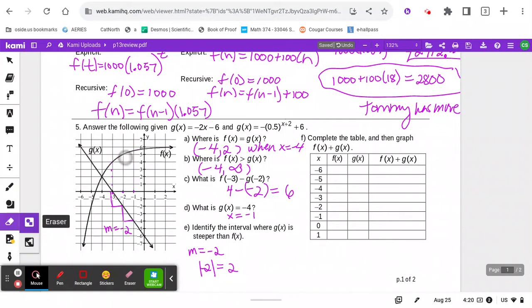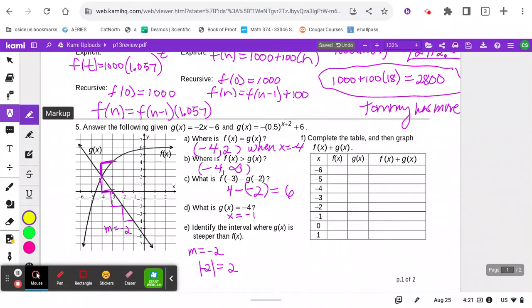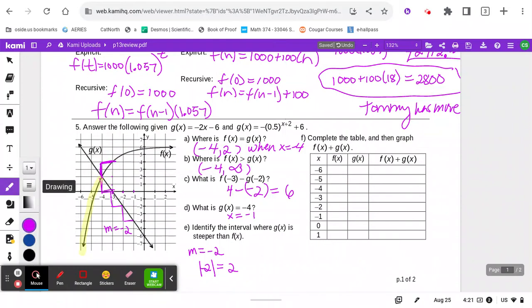That definitely is not steeper or faster than 2. So I'm going to go look over here. This one has a slope of exactly 2. So on this interval, they both have the same rate. And so it's everywhere before that. This entire section here is where the graph is steeper or has a faster rate. So it's from negative infinity to negative 4.